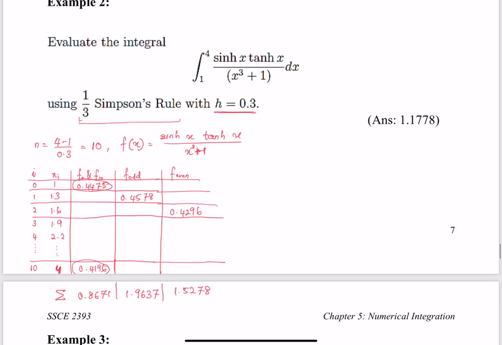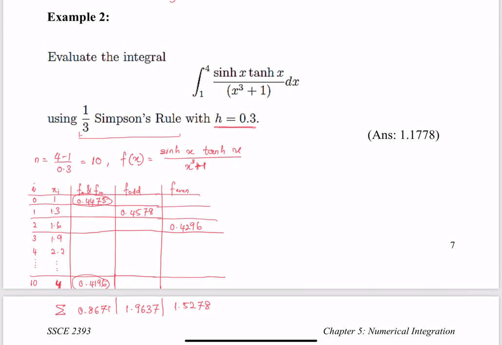And then after that, the integration of 1 to 4 of sin x tanh x divided by x cubed plus 1 dx is equal to h over 3.